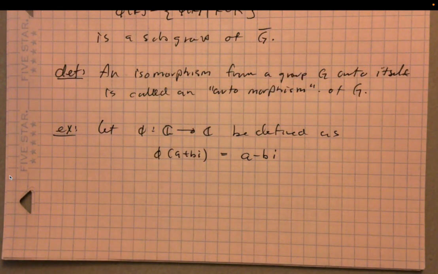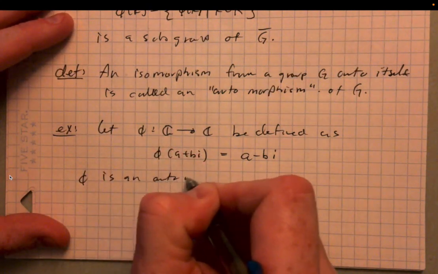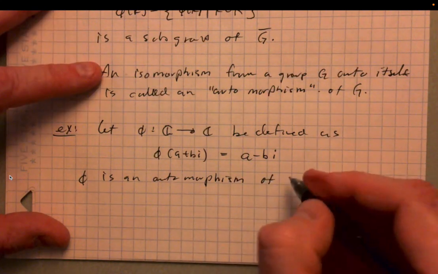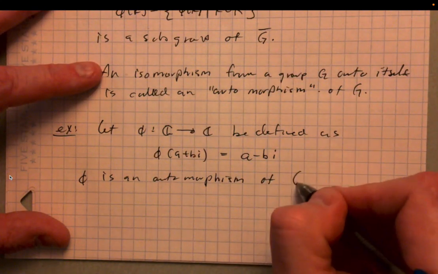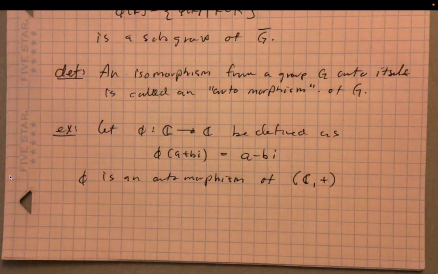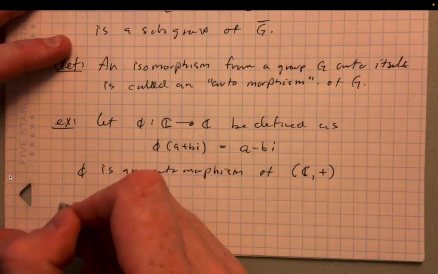So phi, as defined here, is an automorphism of the group C under addition. One-to-one and onto are obvious. How about operation preservation? It's somewhat easy to do, but let's just outline this.